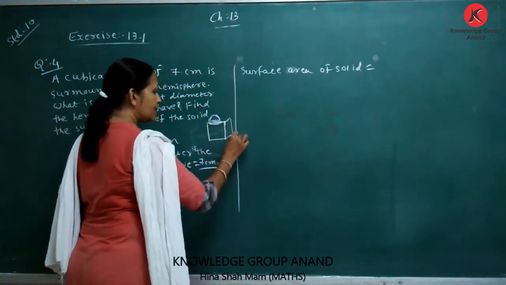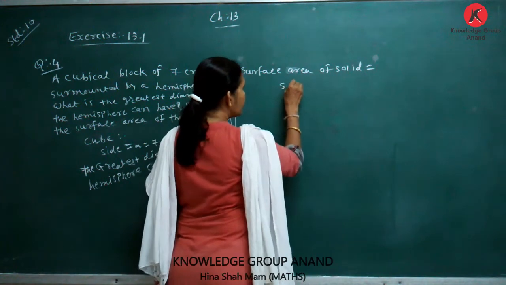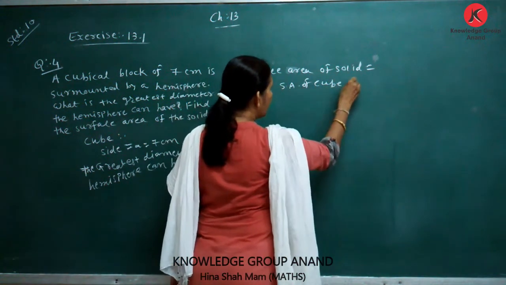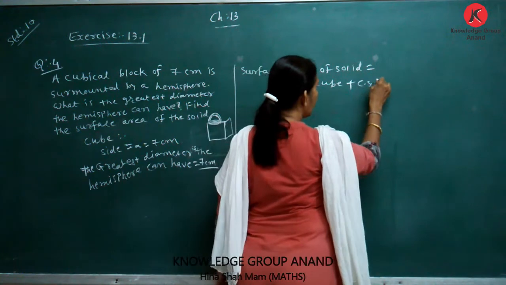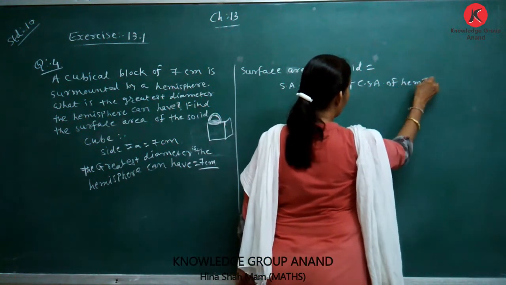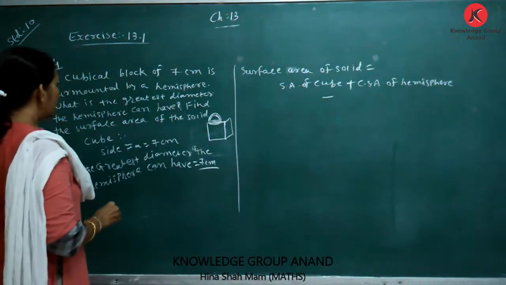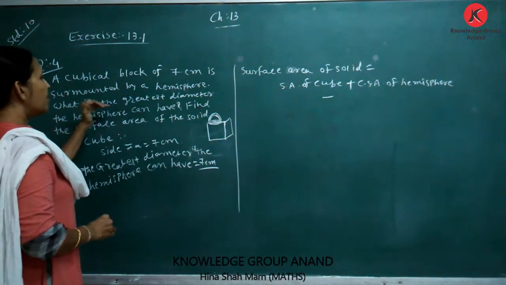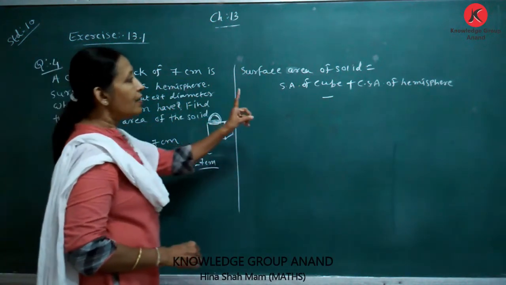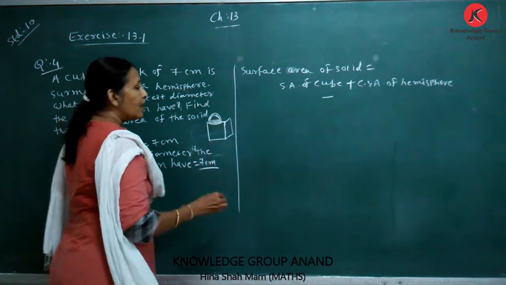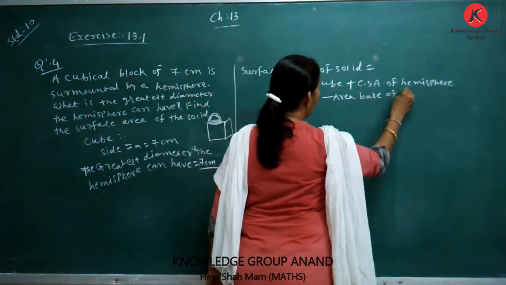So it is equal to the surface area of cube plus curved surface area of hemisphere minus the base area of the hemisphere.